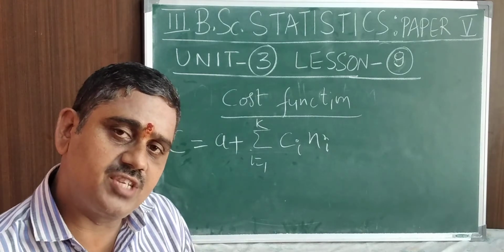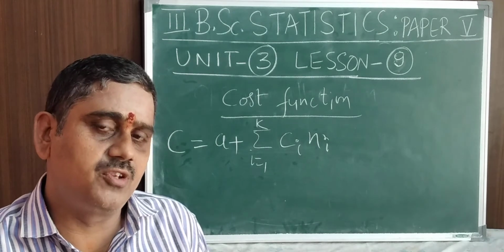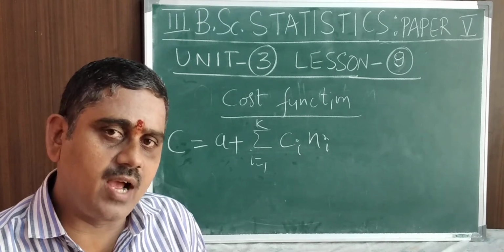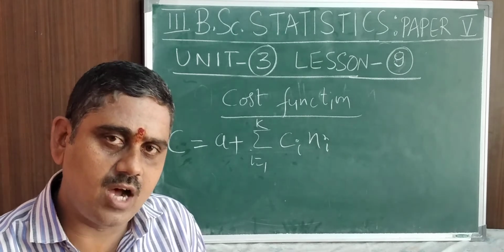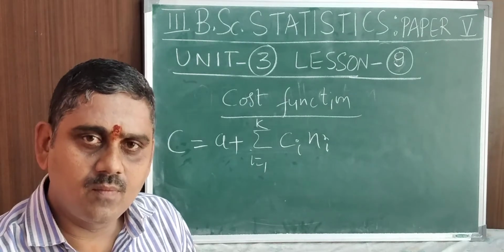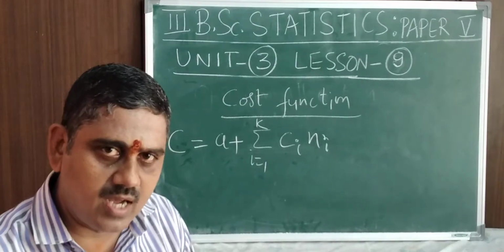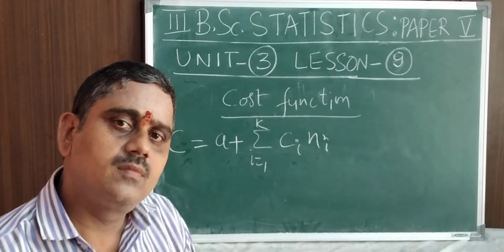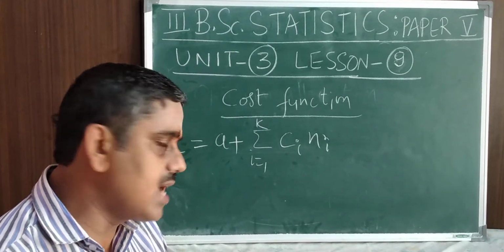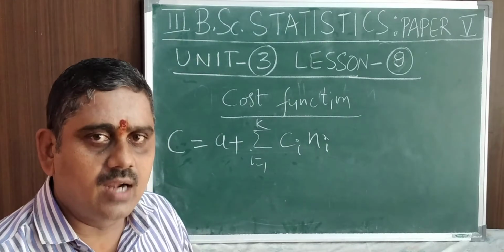Where Ci is the cost per unit of collecting the information from the ith unit drawn from the ith stratum. And the overall cost is summation i equal to 1 to k Ci ni plus the overhead cost A, which is called the cost function C.